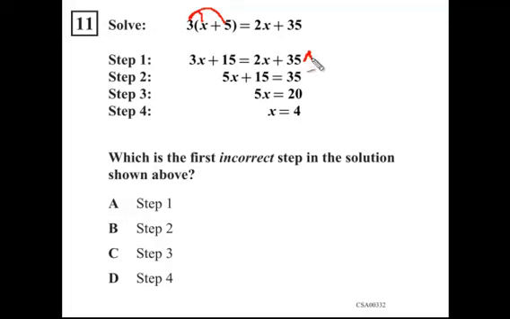This is correct. Step 2. We would need to subtract 2x from each side. So 3x minus 2x is 1x. But in step 2 it shows 5x, and that is incorrect. So the first incorrect step in this solution is step 2. The answer is B.